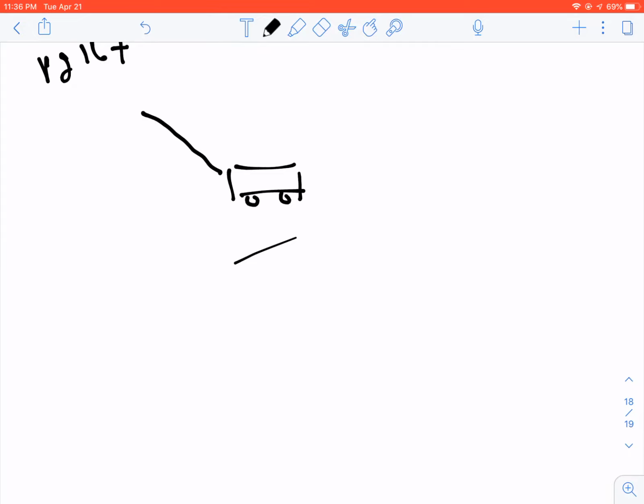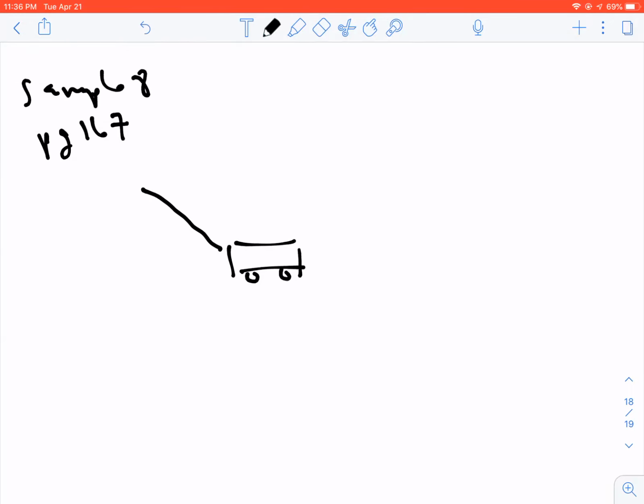The force is 150 newtons horizontal and 40 newtons down. So there's the direction of me pushing on the lawnmower.